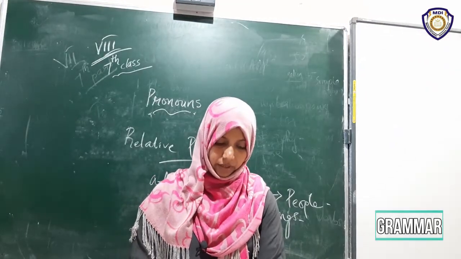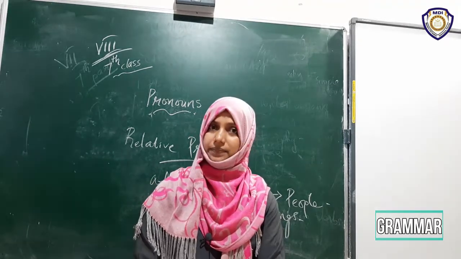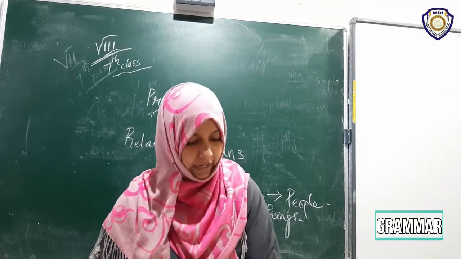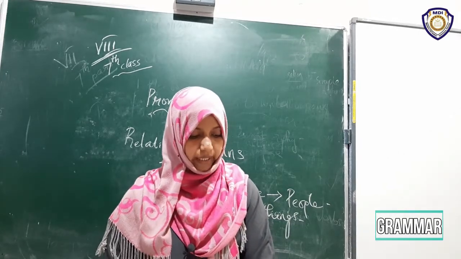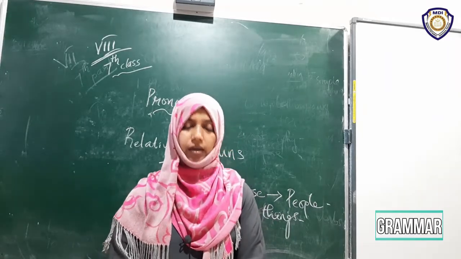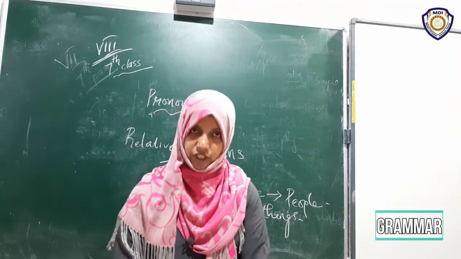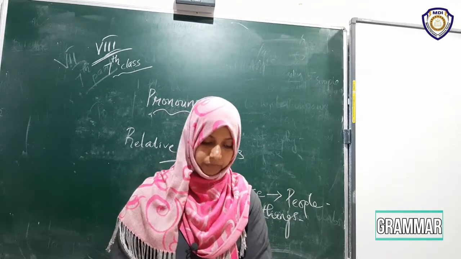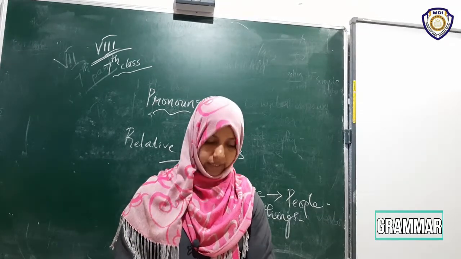The man who is wearing the blue tie is my uncle. Third one, our neighbor who loves animals has 4 dogs. Fourth one, please place the table which is in the corner over here. Fifth one, Manju is looking for someone who can look after her cat while she goes on vacation.